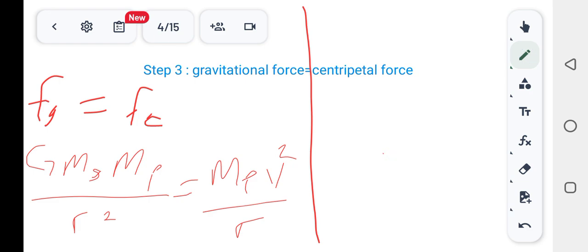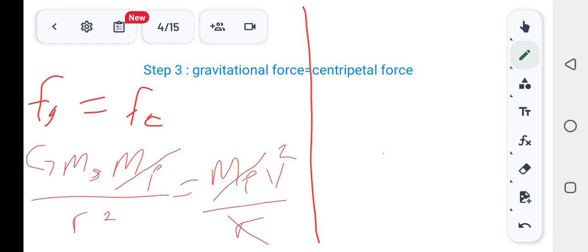On the left-hand side of the equation we have the mass of the planet, which cancels out the mass of the planet on the other side. Also, in the denominator on the left-hand side we have the square of the distance, and on the right-hand side we have r.